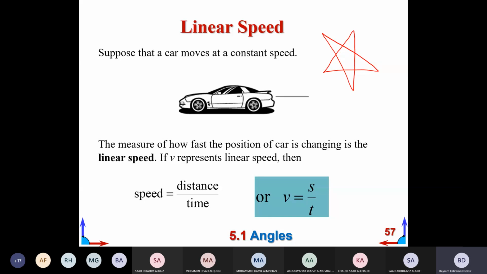Each rotation will have a certain arc length depending on the radius of the tire. So basically, whenever we talk about the distance, we are talking about the arc length of the tire, or arc length of the circle, or arc length of the bicycle tire, whatever.